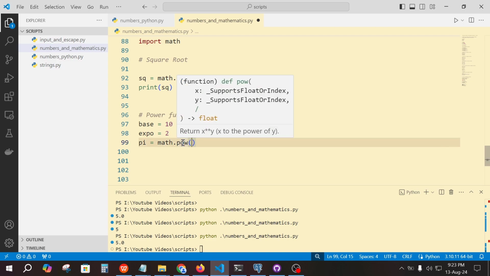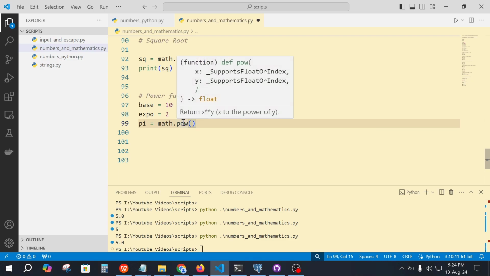If I hover my mouse here on pow, you can see x and y written: x to the exponential of y, or x to the power of y. You can also check this function's arguments and what it is doing inside the function.